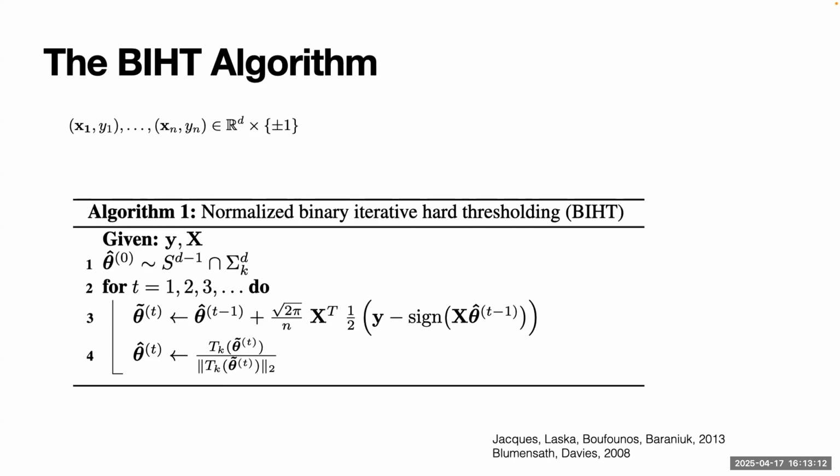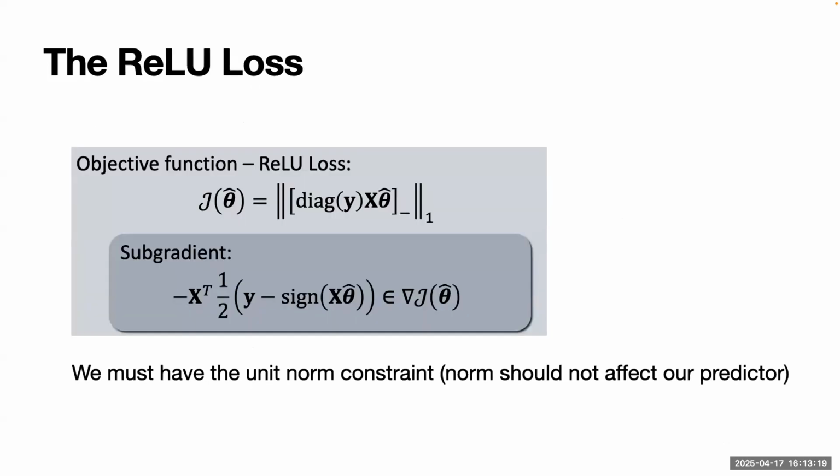Now, if you see this, you may say, okay, this must be the gradient of something. So what is this the gradient of? This is the gradient of the ReLU loss. Again, I wanted to avoid the summation sign, so I wrote it in the vector matrix format. So what is the ReLU loss? You are looking at this y times x transpose theta. If it is positive, that means the labels are matching, and you count a 0 for that.